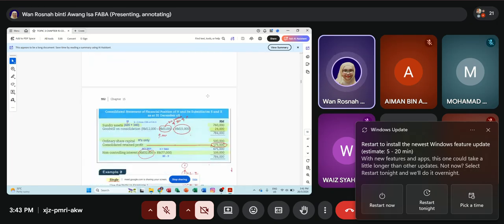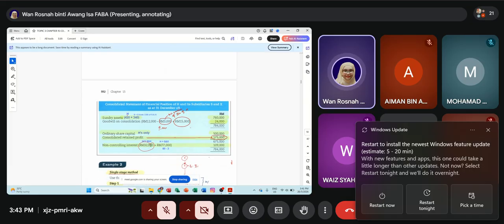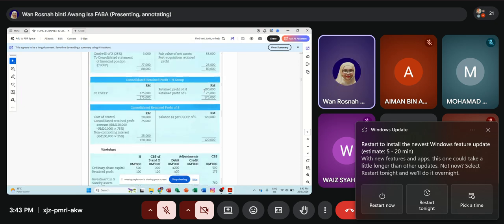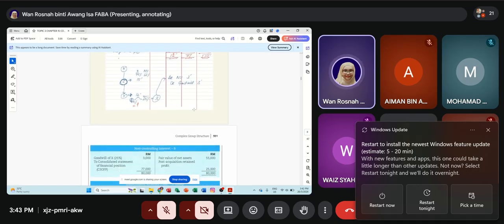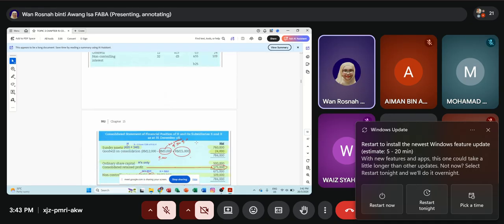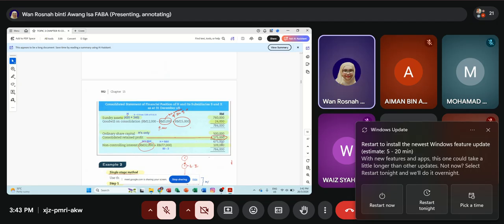So then the non-controlling interest for the group S plus X, and for the entire ultimate group H plus S and X, okay, 77, which is from here, NCI from here, 77. So basically these are the final figures of financial position between the ultimate company and all the subsidiaries.